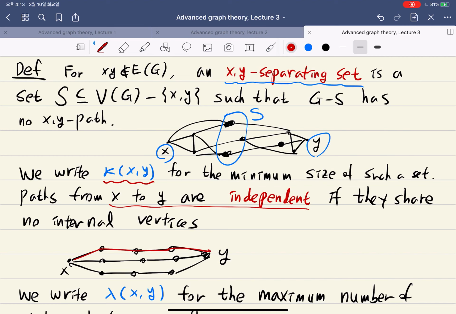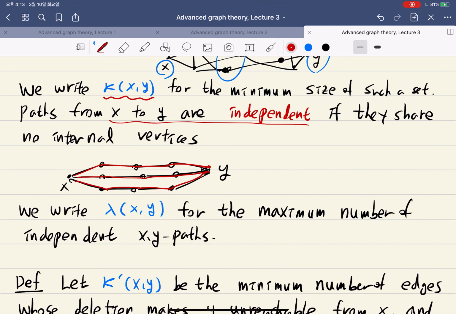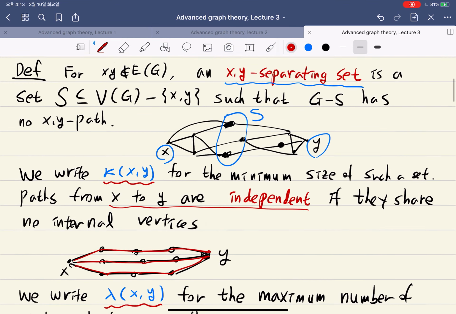For example, we have these three paths. They all share the endpoints x and y, but their internal points are all disjoint. And we write lambda of xy for the maximum number of independent xy paths.